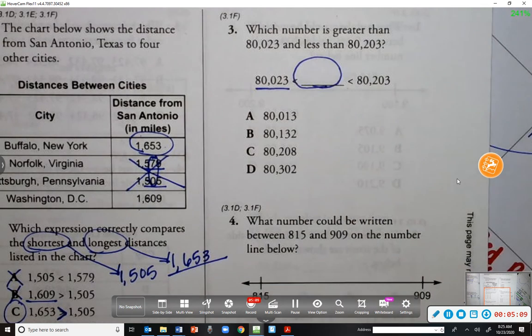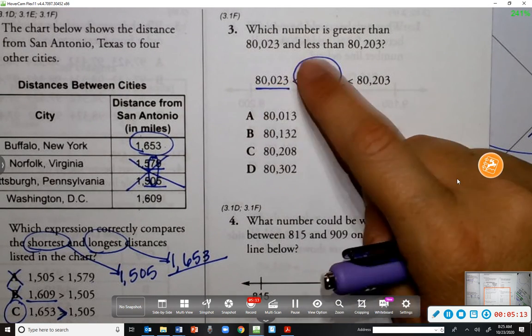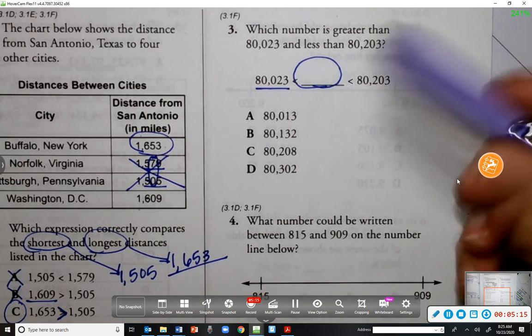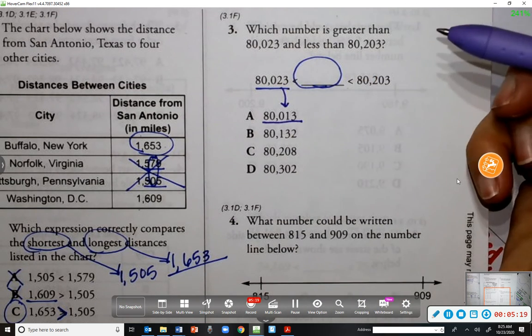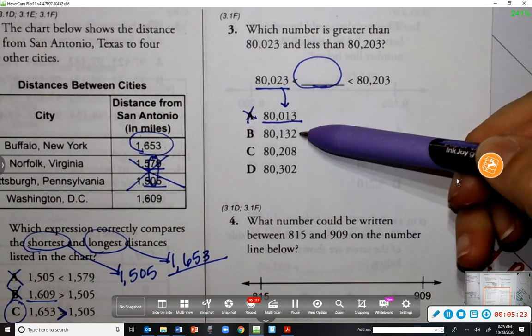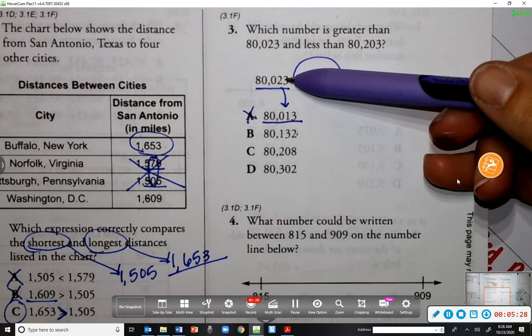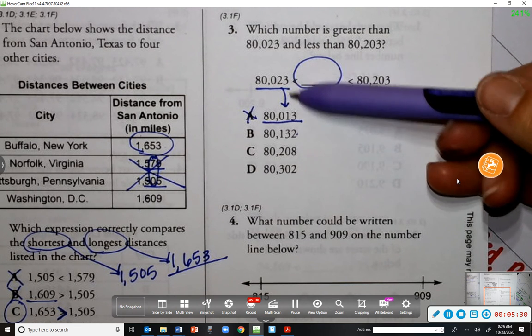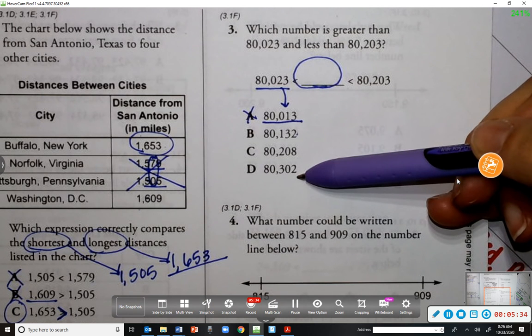So first let's just go through and find the ones that are greater than 80,023. A. No. Is this number greater than 80,023? No. Good, Kaylee. Okay. What about B? Is it greater than this? Yes. I can tell by looking at the hundreds place. What about C? Yes. And D? Yes. Okay, good.